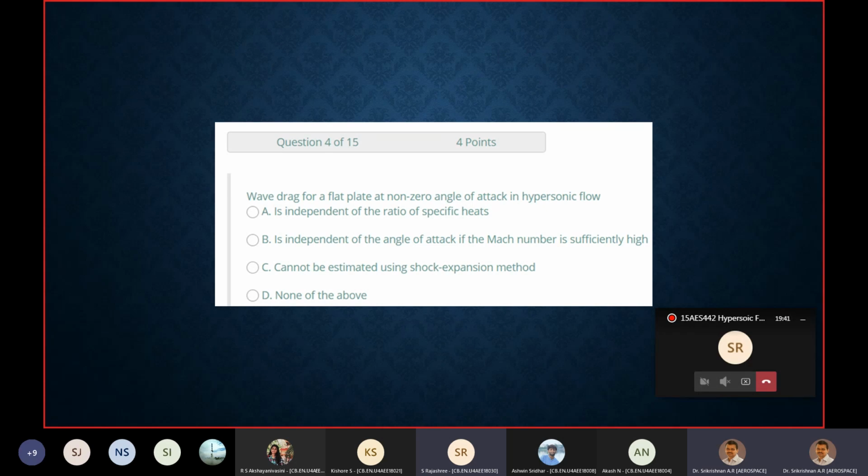What you said is applicable if it's an extremely thin plate and the flow probably doesn't get disturbed, but that's a theoretical consideration. Unless that is specified, we just have to consider a finite plate. Okay. Yes.